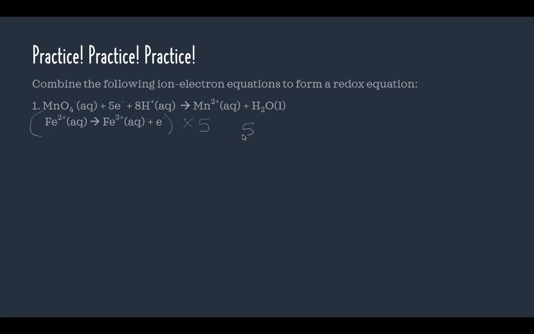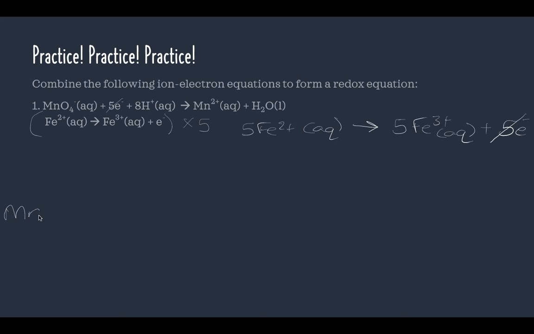This will give me 5Fe2+ giving 5Fe3+ and 5 electrons. I can then cancel out the electrons on the left-hand side and the right-hand side of our equations, and we then combine the two together.